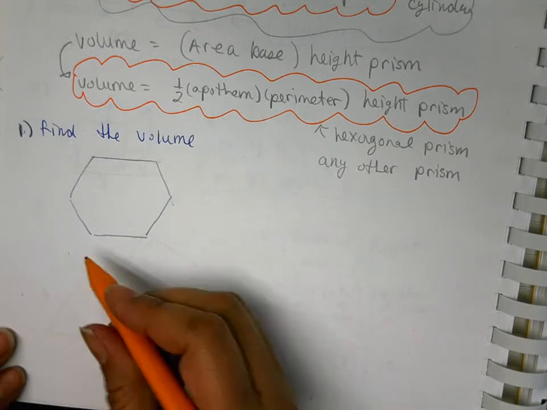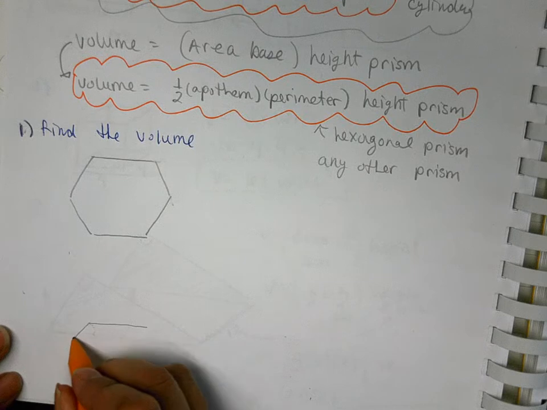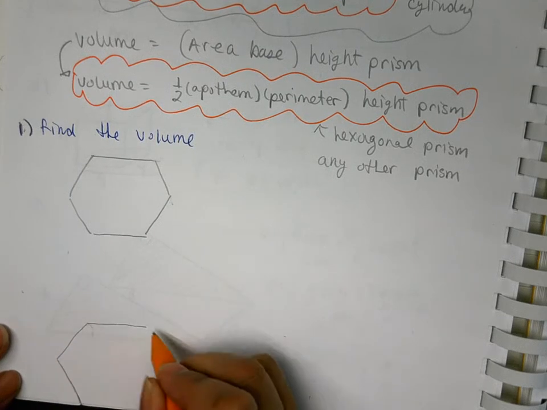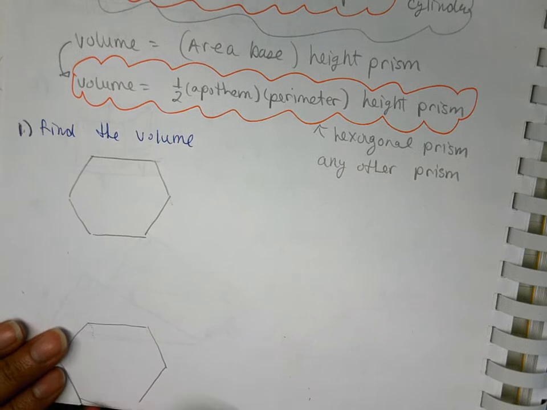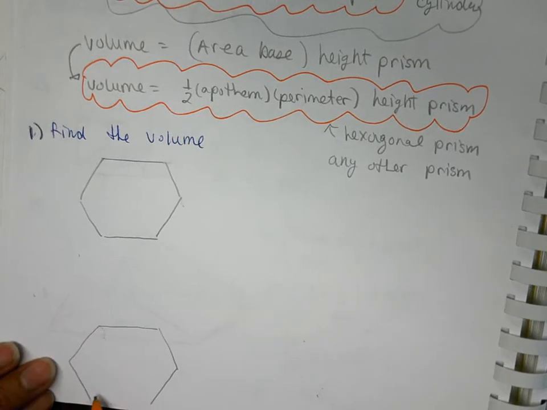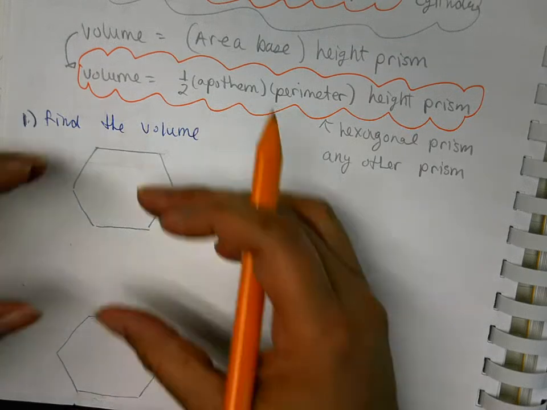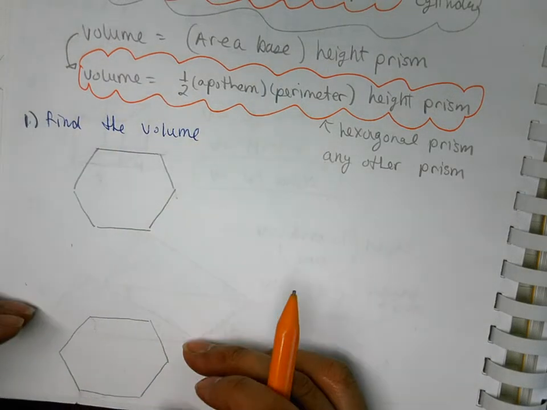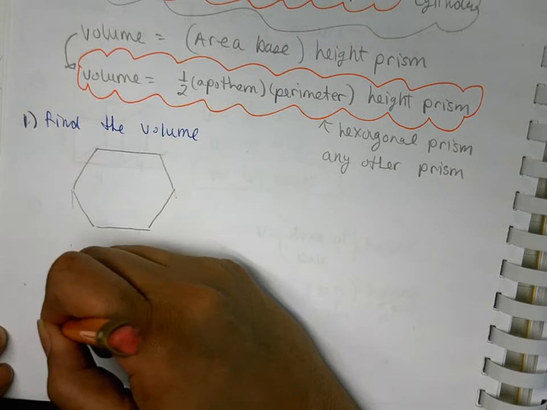Okay, does everybody have it? All right, and then just come down to the bottom and redraw the best you can to match. Okay. Now imagine this is your top base, this is your bottom base.